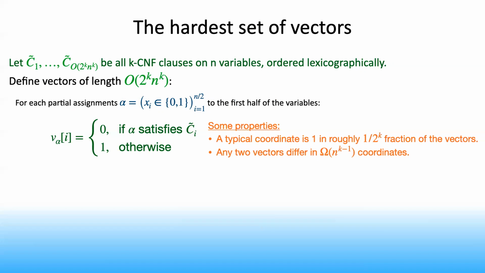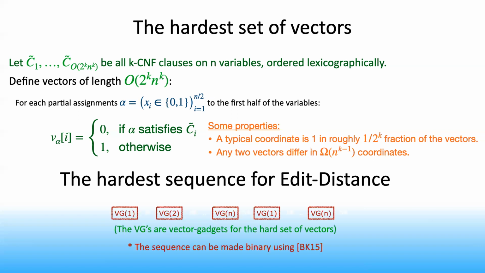These are just simple things that you can notice. Each coordinate is 1 in roughly a 1/2^k fraction of the vectors, because there's only one out of the 2^k choices for the k variables in a clause that are not satisfied. And if we look at two different partial assignments, the two corresponding vectors will differ in at least n^(k-1) coordinates. So anyway, the point is that the set is pretty explicit.